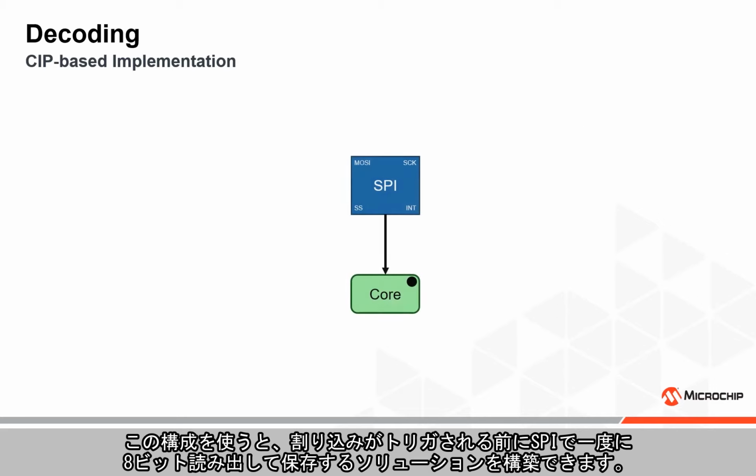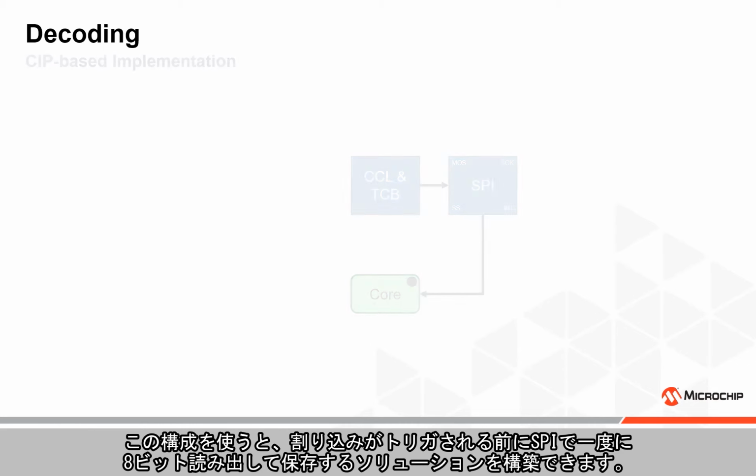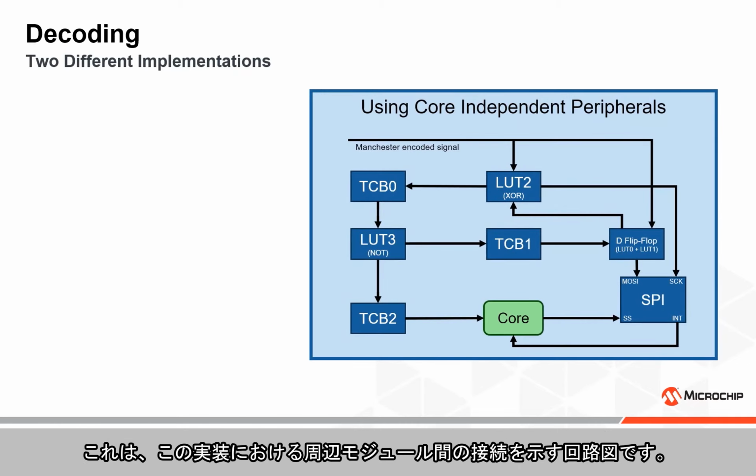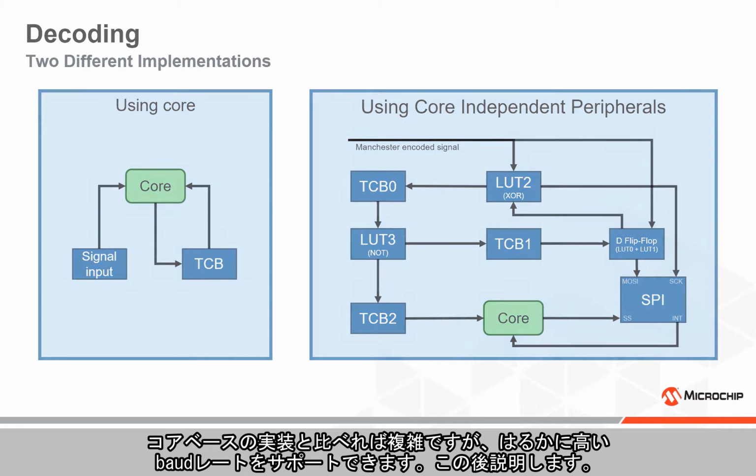Using this setup, we can then construct a solution that uses the SPI to read and store 8 bits at a time before an interrupt is triggered. Here is a schematic showing how the different peripherals are connected in this implementation. It is more complex than its core-based counterpart, but it supports much higher baud rates, as we shall see promptly.